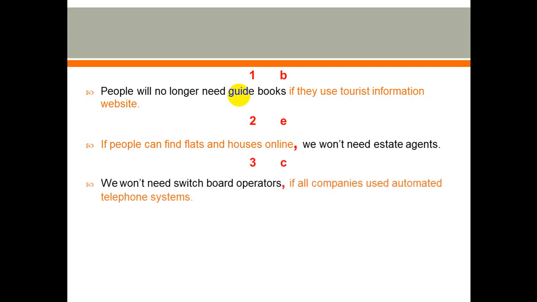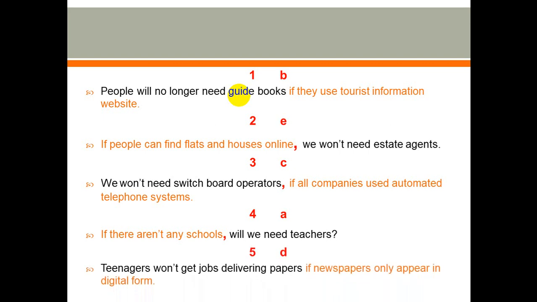We won't need switchboard operators if all companies use automated telephone systems. 4A. If there aren't any schools, will they need teachers? Yes, sure, online teachers. 5D. Teenagers won't get jobs delivering papers if newspapers only appear in digital form.